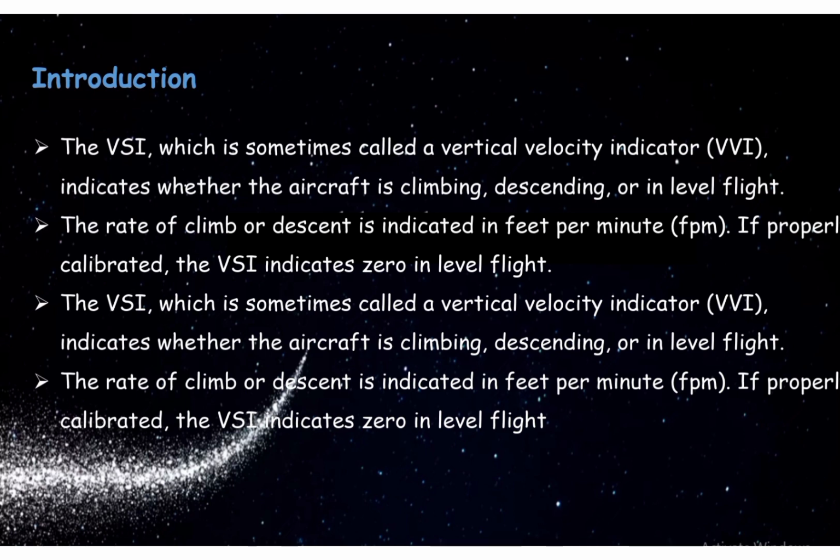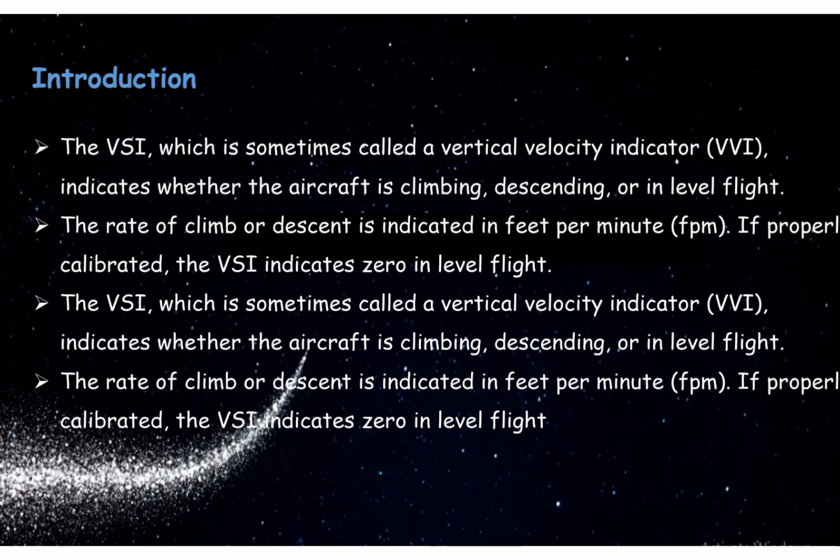In this slide diagram, you can clearly see the mechanism of the vertical speed indicator and how it works. It is also a basic barometric instrument, which we have improved with sensors nowadays. It works with a static connection.